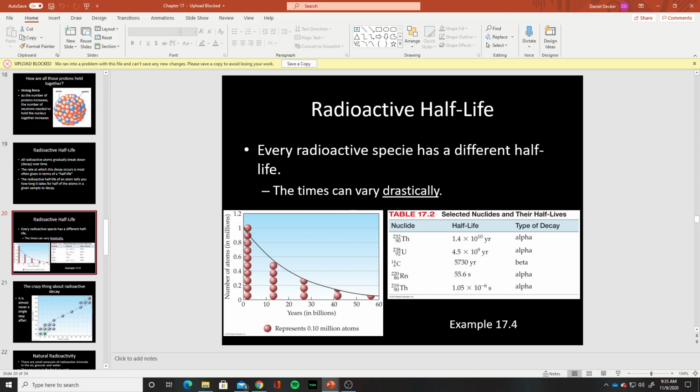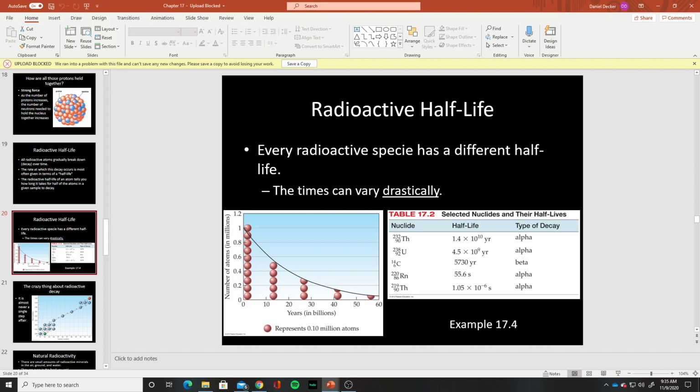So I could say you have some molecule, you start with 10 grams, and it has a half-life of 10 minutes. If 30 minutes goes by, how much of the 10 grams is left? Those are obviously really simple numbers, but it'll be similar to that.